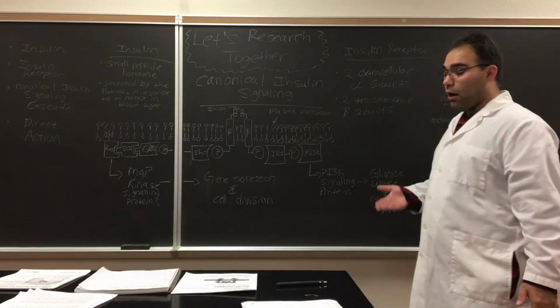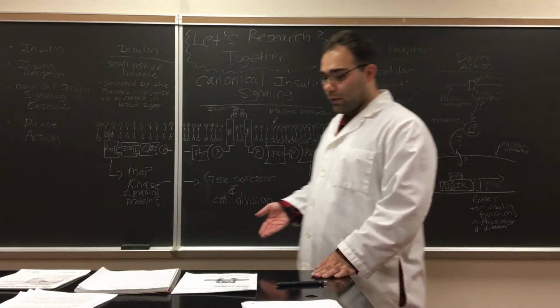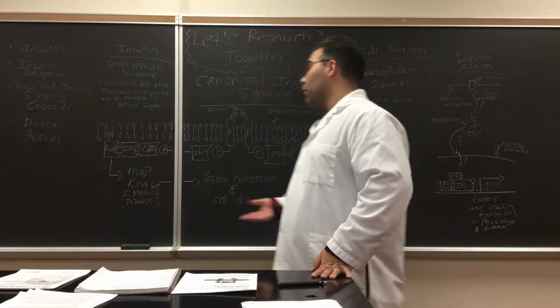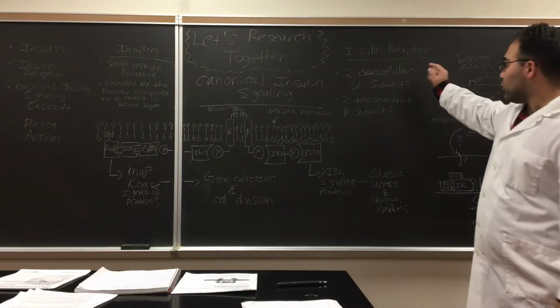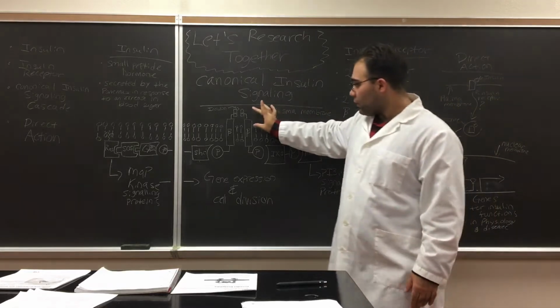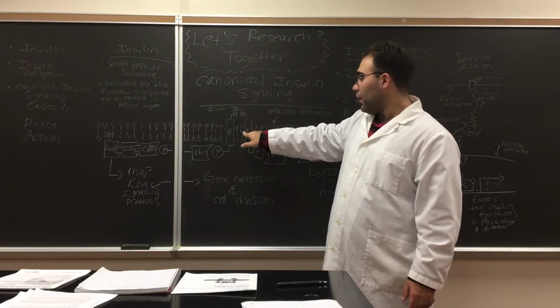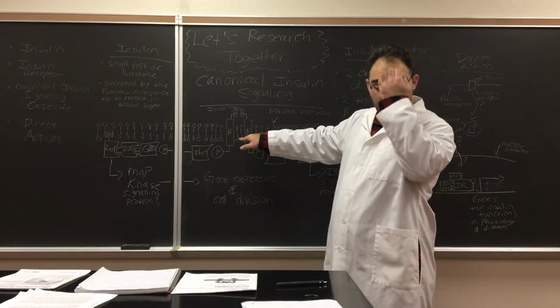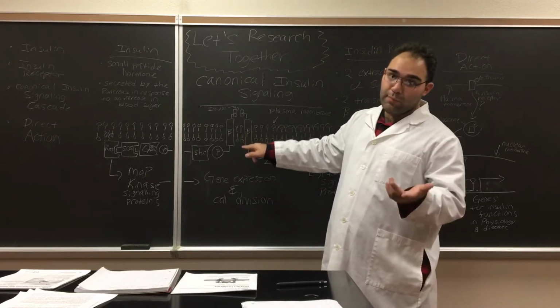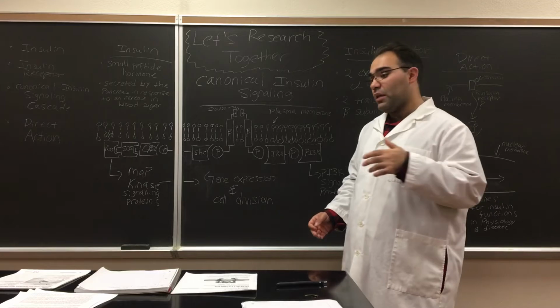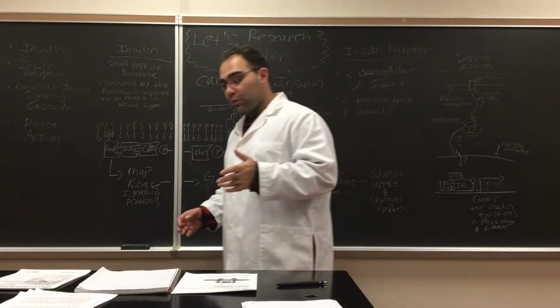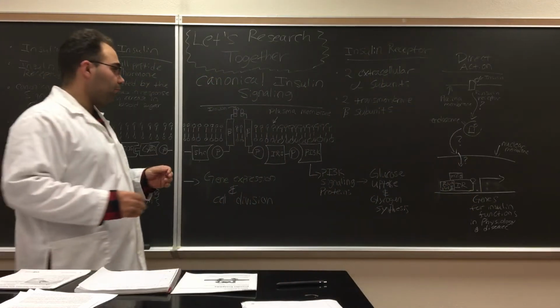And the target of insulin is the insulin receptor, which consists of 4 subunits, 2 alpha extracellular subunits, and 2 beta transmembrane subunits. The beta transmembrane subunits contain the residues which will be phosphorylated.